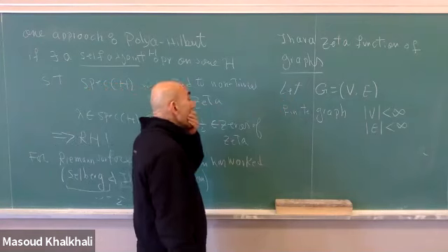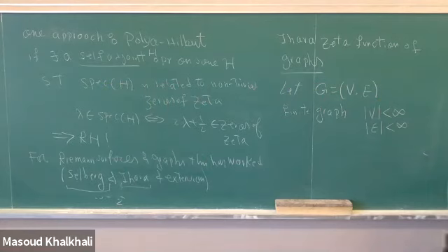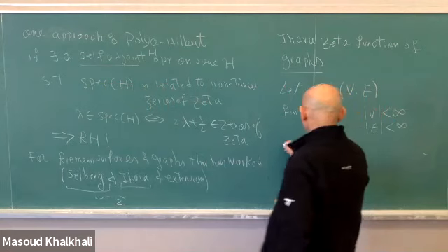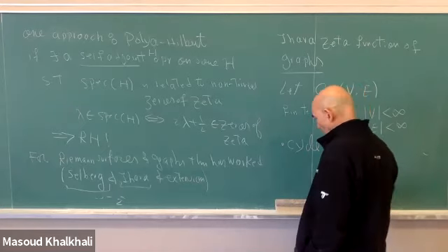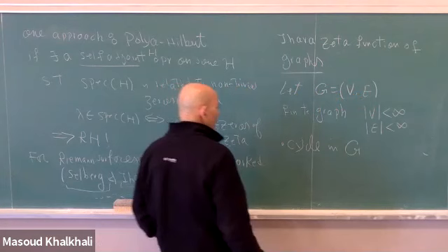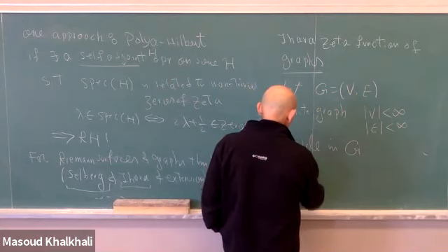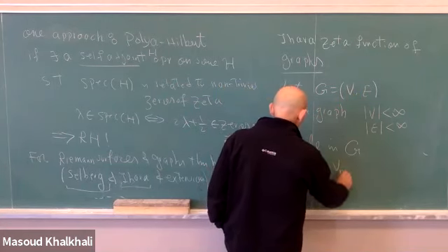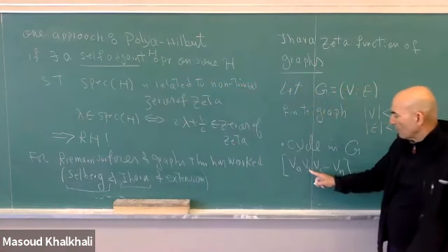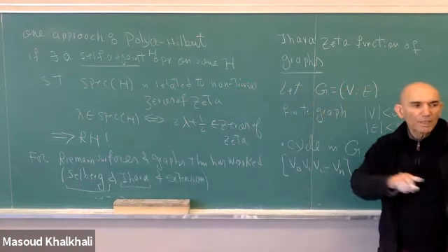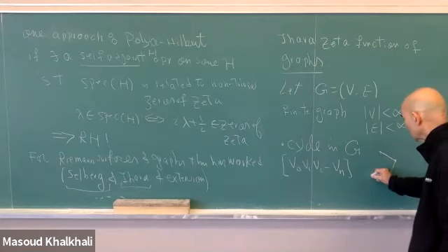Okay, so for a graph, let me define a cycle in G. A cycle in G is some sequence of vertices V0, V1, V2, up to Vn, such that consecutive vertices are joined by edges.